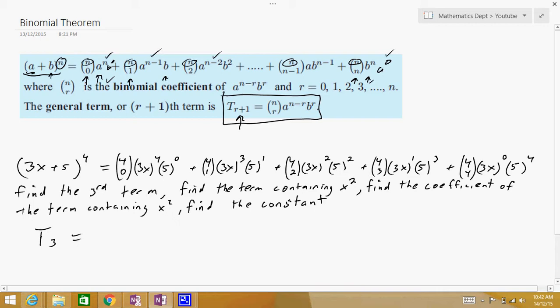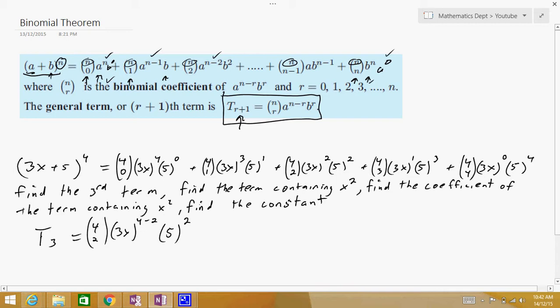So that's equal to, what is n? n is 4. r, we said, is 2. a, our first term, is 3x, to the power of n, which was 4, minus r, which we said is 2, times b to the power, no, not b, it's 5 to the power r, which is 2. And that would be your third term.